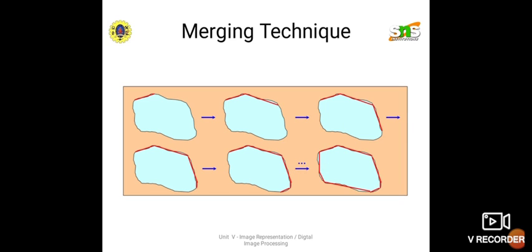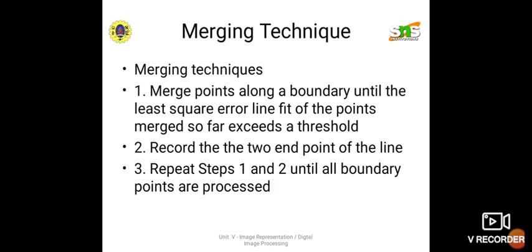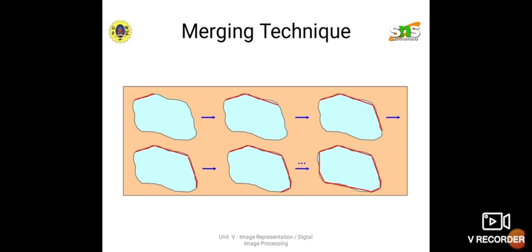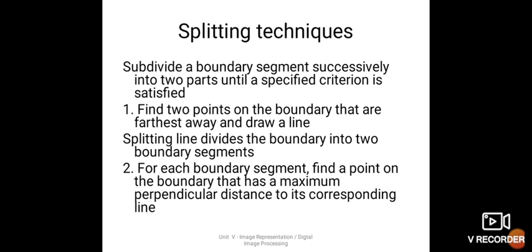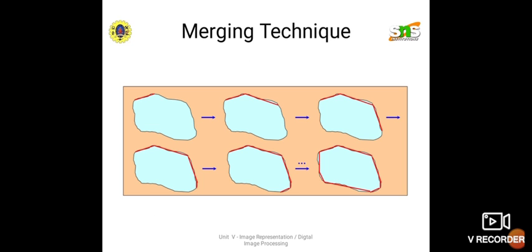You can see here in this image. Okay, so first thing is we have to merge points along the boundary until an error exceeds a particular threshold, right? So if you see the first image with the red line, it started with a value somewhere at the top, and the red line ends at the topmost vertically, right?